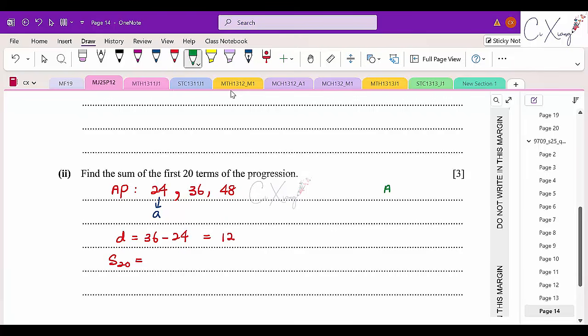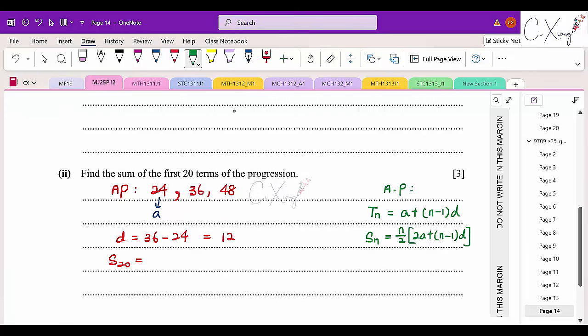Okay, so in arithmetic progression, when they are talking about the nth term, but we didn't use the nth term here, right? So the nth term is a plus n minus 1 times d. If they want you to calculate the sum of the first n terms, the general formula will be n over 2 times 2a plus n minus 1 times d.